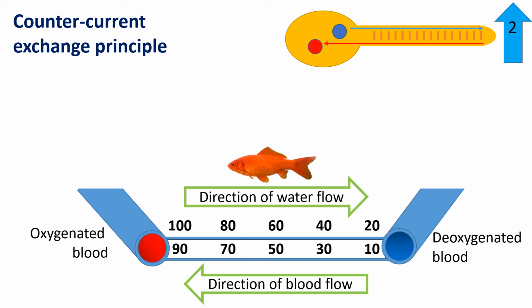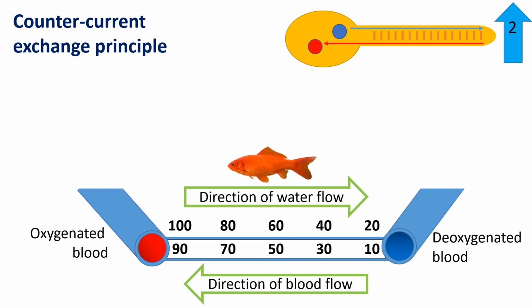However, all the way along the entire length of the lamella, the concentration of oxygen is always higher in the water and always lower in the capillary. And as a consequence, we always have net movement of oxygen by diffusion into the blood capillary.